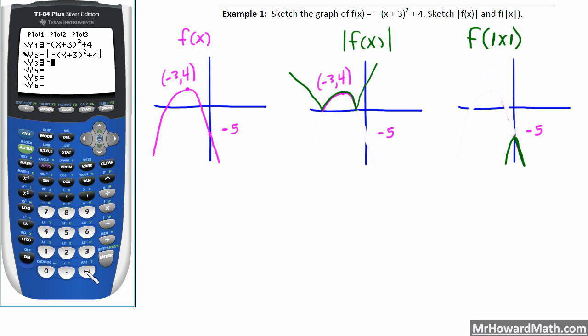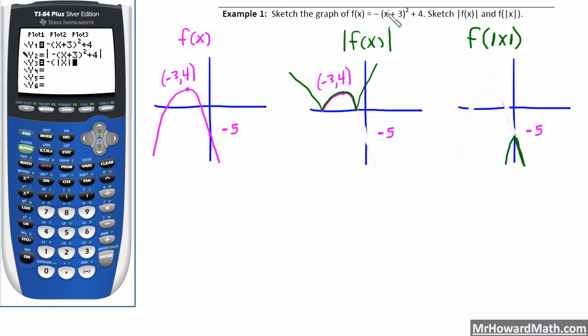So it's negative parentheses, and now I'm going to put my absolute value bar in: math, over to number, choose the first option, absolute value, put the x in there, and that's it. Now I've got this little arrow here saying that anything I type in here now will still be in the absolute value bar, so I'm going to hit the right arrow to get out of it.